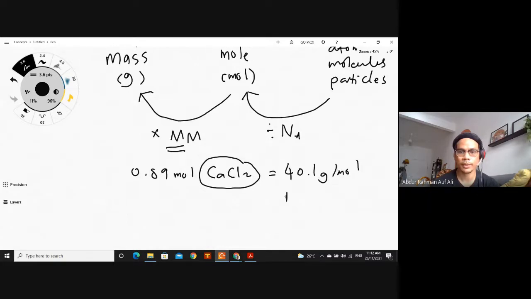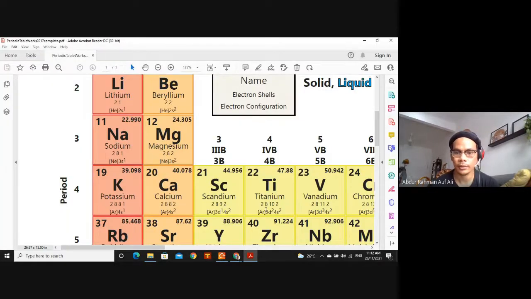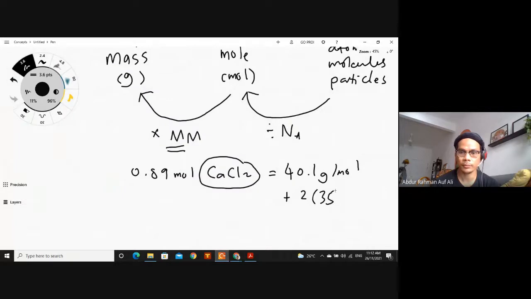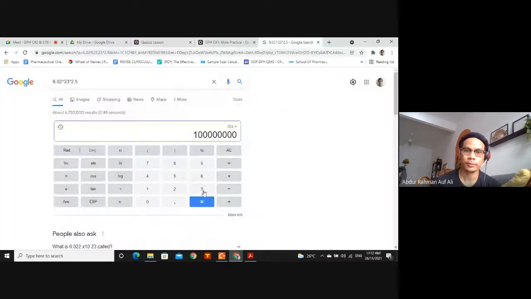Add Cl2, which is, what was it, 35? Chlorine is right here, 35 or 37? 35.5, I round it to 3 significant figures too. So here we get 35.5 multiplied by 2 plus 40.1.